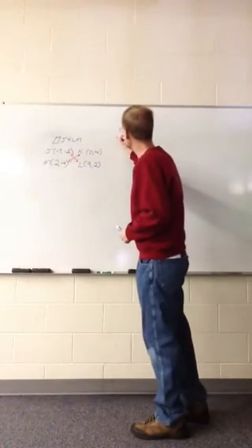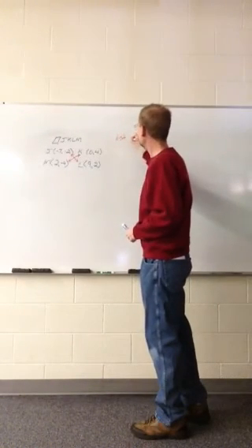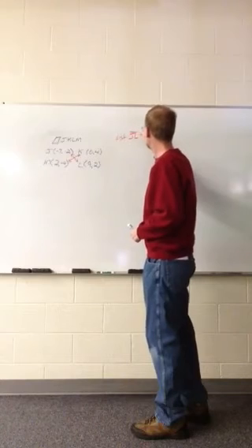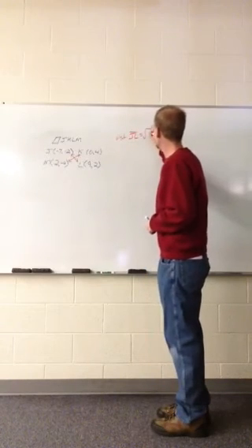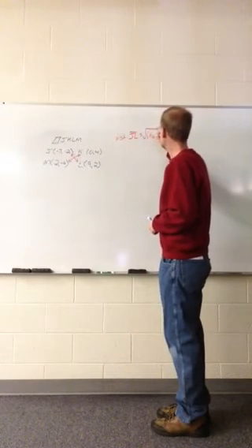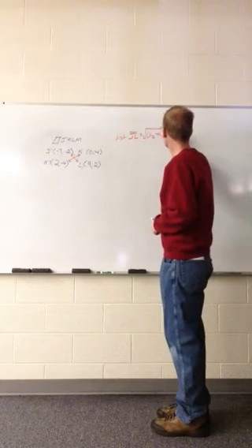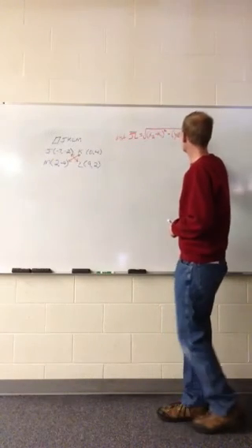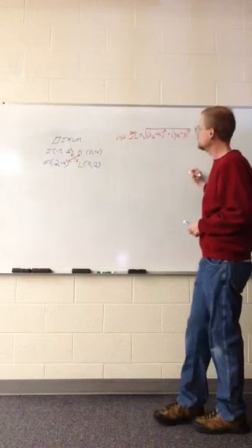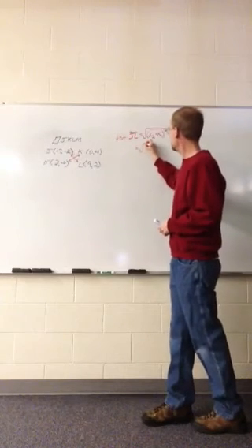So we want our distance from J to L. So we have the square root of x sub 2 minus x sub 1 plus y sub 2 minus y sub 1, both of those squared. All right, let's plug in some information here.